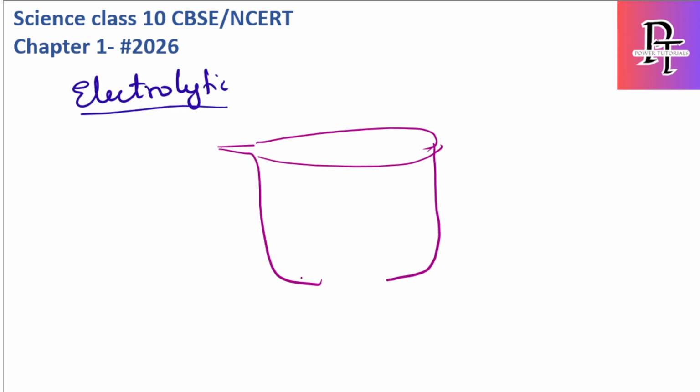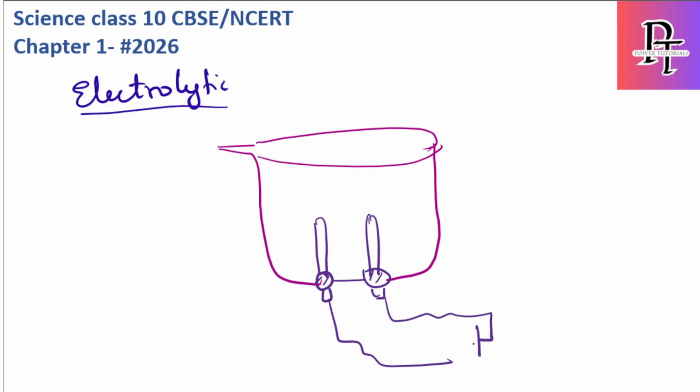To this beaker I am attaching 2 electrodes, using graphite, connecting one graphite using a rubber cork, and in the same way another graphite, and these 2 electrodes I am connecting to a current supply of a 6 volt battery. It's not only 6 volts you can use, you can also use 10 volts, it doesn't matter, but don't use much higher voltages.